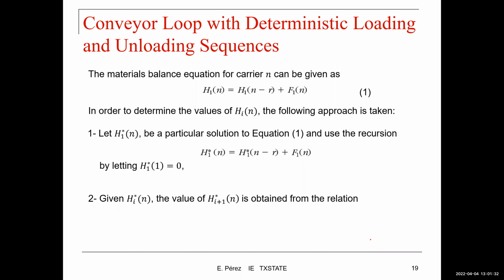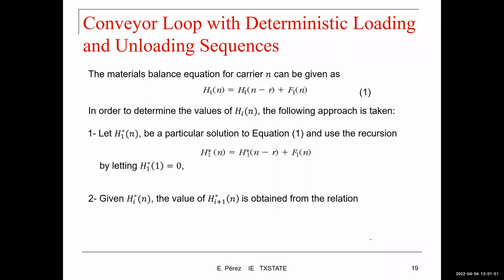And in order to determine the values of H_i of N, the following approach is taken. We are going to go through the process of finding these expressions for H_i for each one of the stations.